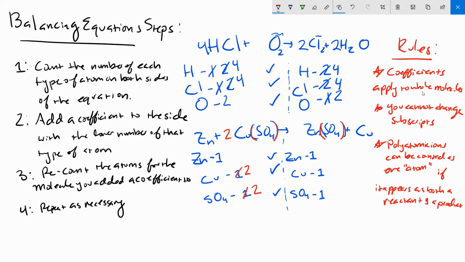And it only worked out because I have sulfate on the reactant side and on the product side. If it ends up dissociating, separating out in the product side, then you can't do that. But in this case, I can. Okay, I'm going to erase this stuff though, so that you know that we don't actually want to balance this one. It's good as it is. I just wanted to show you an example.